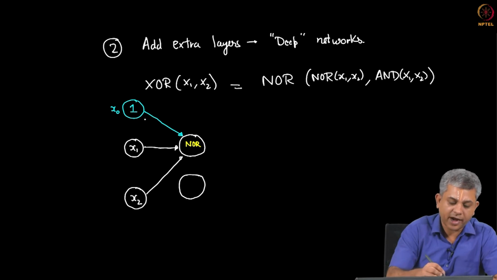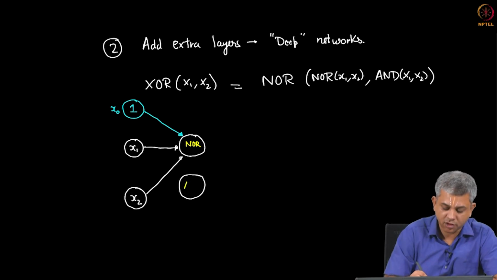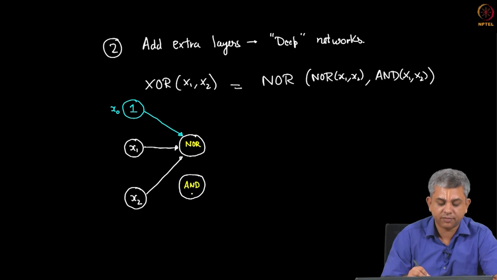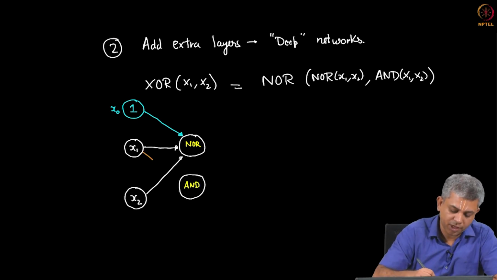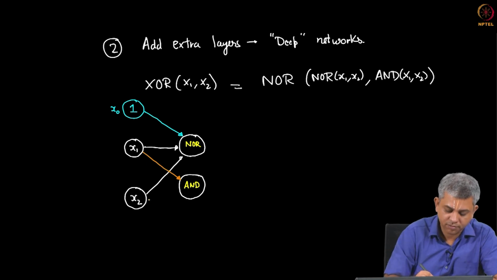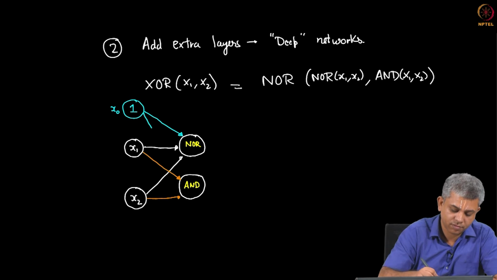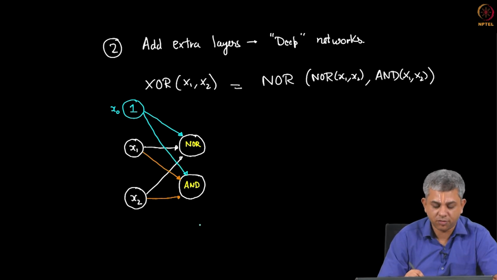Now, I also have an AND gate, let us call this AND here. This is another linear combination of x 1 and x 2. Okay.